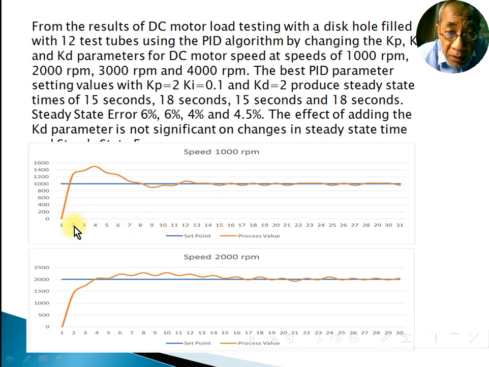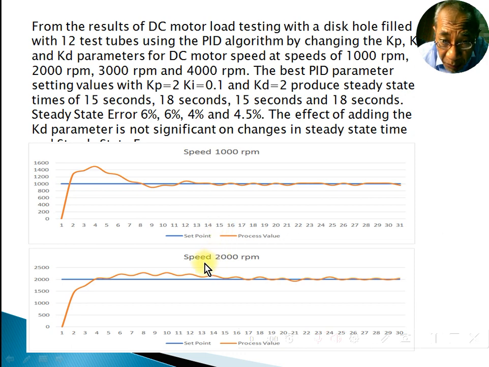The present value rises above the set point to overshoot, and then goes down until the steady state at about 15 seconds.